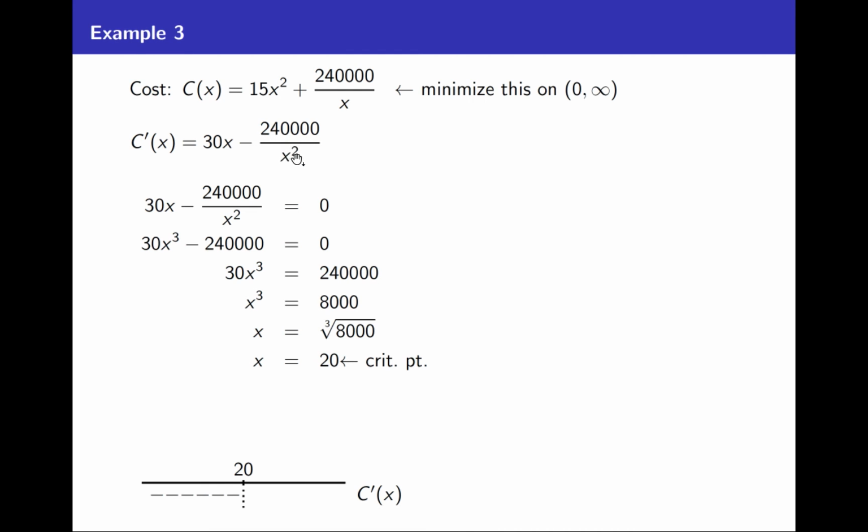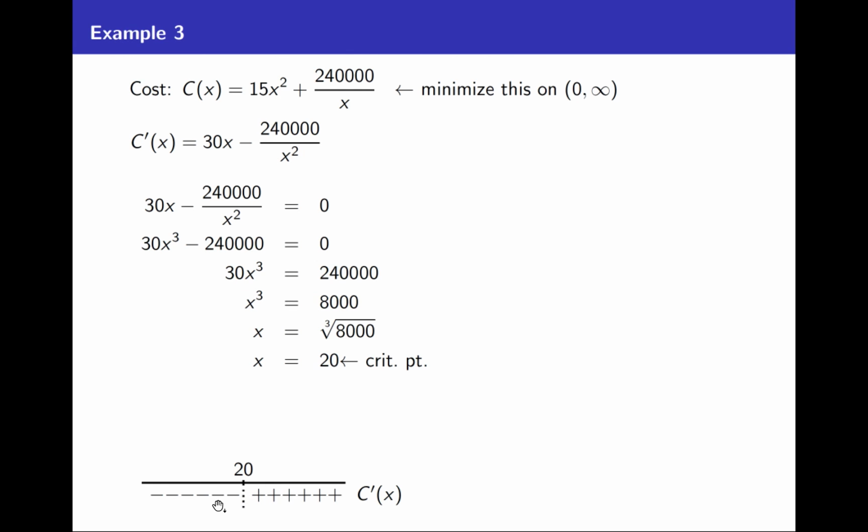Well, just take x bigger than 240,000, and this quotient is less than 1. And then you're adding on this really big positive number. So you can see for really big x's, you're going to get positive. So taking any test value way out here, C prime of x is positive. So you put positives there.